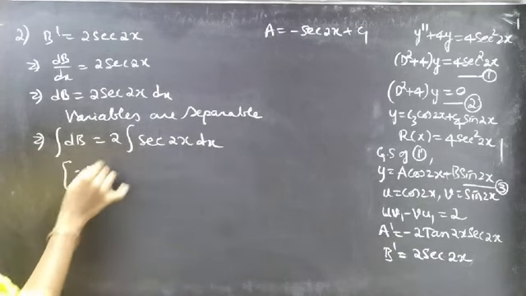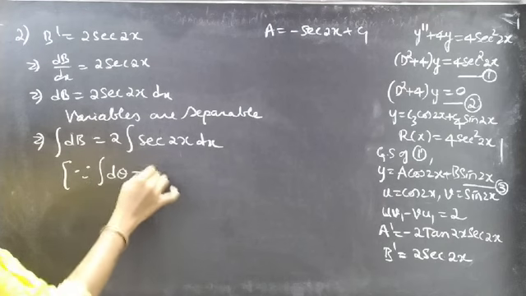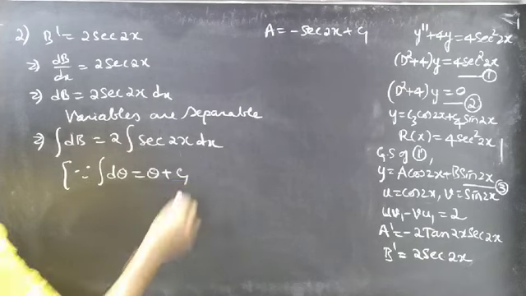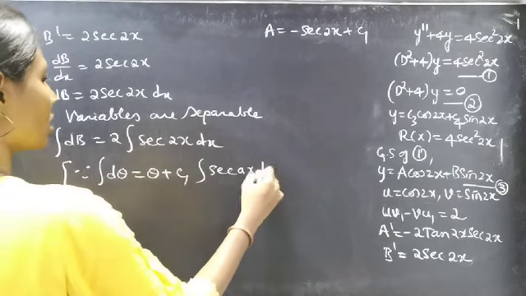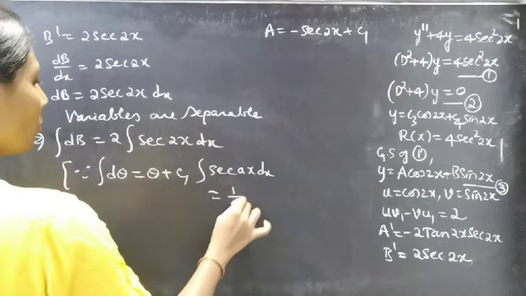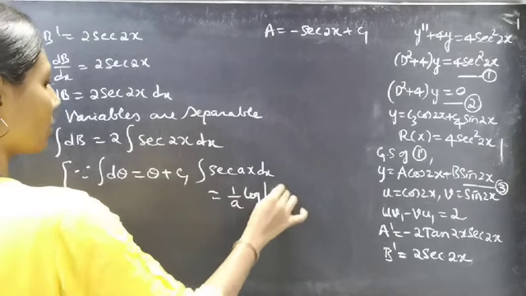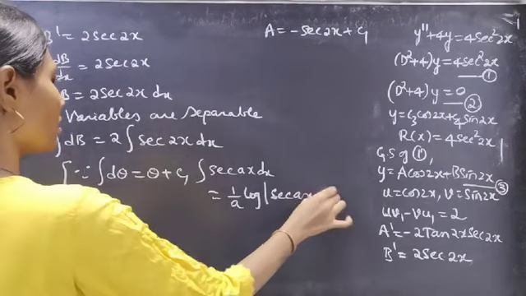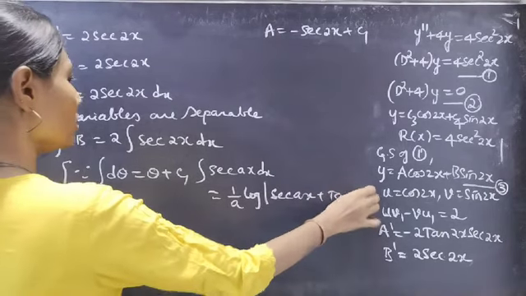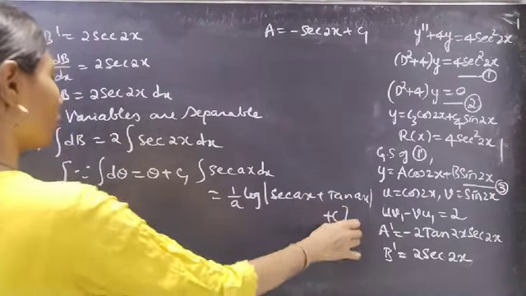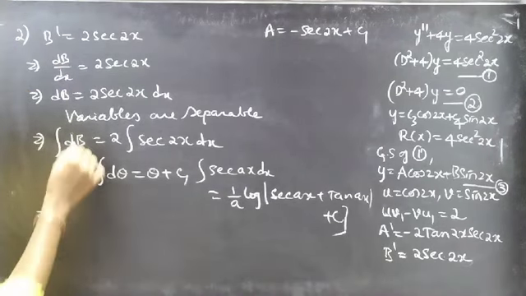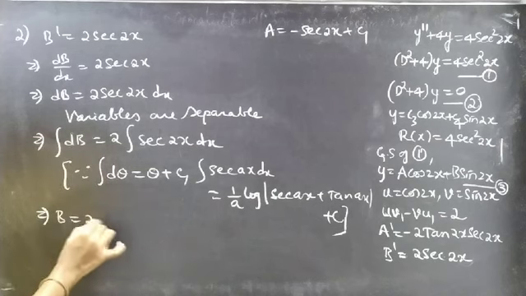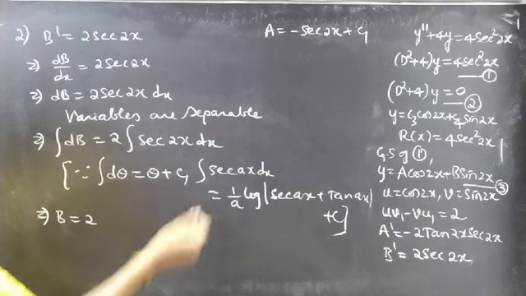Since we know that integral d theta equals theta plus c, and integral secant ax dx equals 1 by a into log mod secant ax plus tan ax plus integral constant c. Then the above equation becomes integral dB, B equals 2 into integral secant 2x dx.